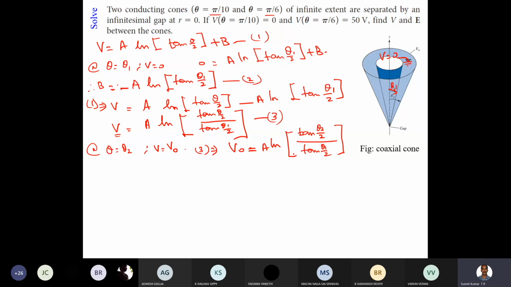Now from this we can find A. So A equals V naught over ln of tan theta 2 over 2 divided by tan theta 1 over 2.